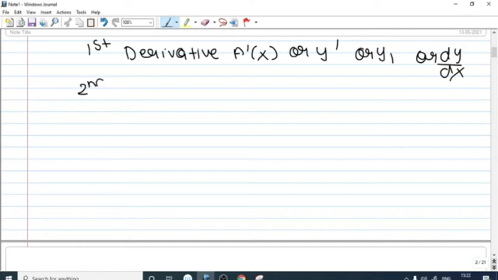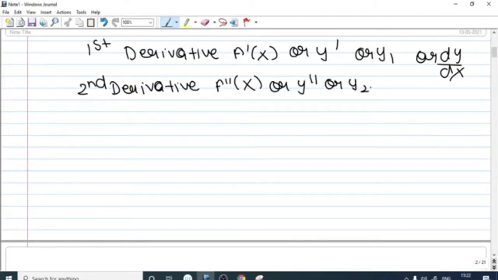Similarly, the second derivative is f double dash x, or y2, or d square y by dx square.